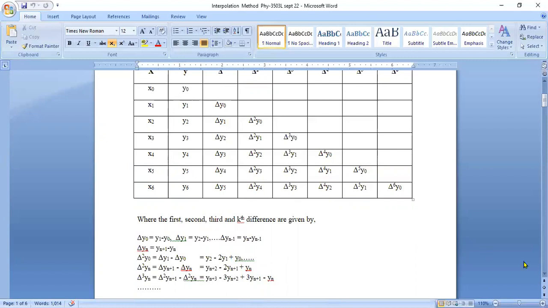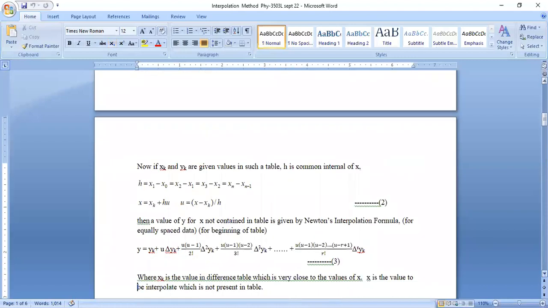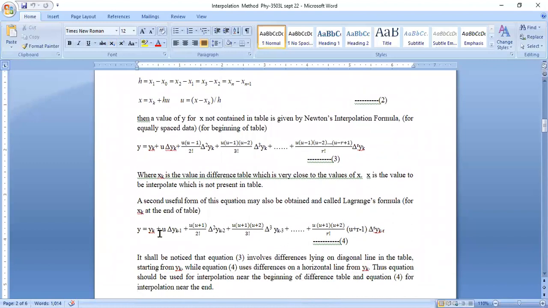So this formula number 4, which I wrote here, is yk plus u delta yk minus 1, plus u into u plus 1 upon factorial 2 del square yk minus 2, plus u into u plus 1, u plus 2 upon factorial 3 del cube yk minus 3, and finally the rth order difference del to the power of r yk minus r.